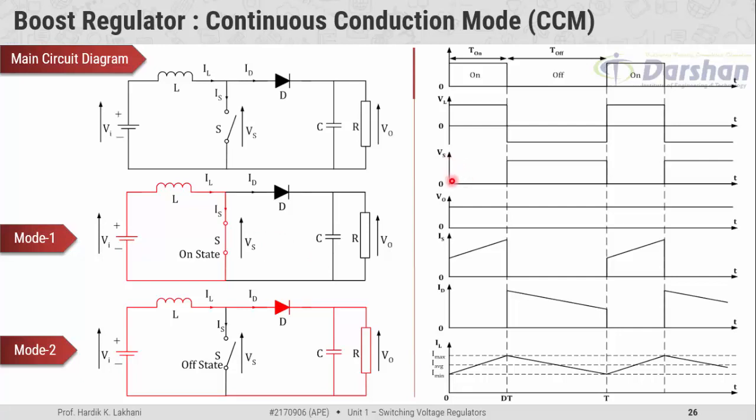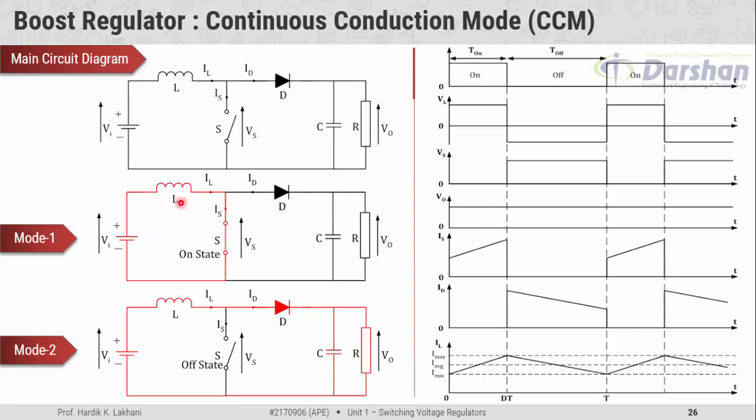Voltage across switch is approximately 0 because it can be thought as a short circuit element. And we know that the task of the boost regulator is to produce the constant DC output voltage, so the waveform of VO is constant.